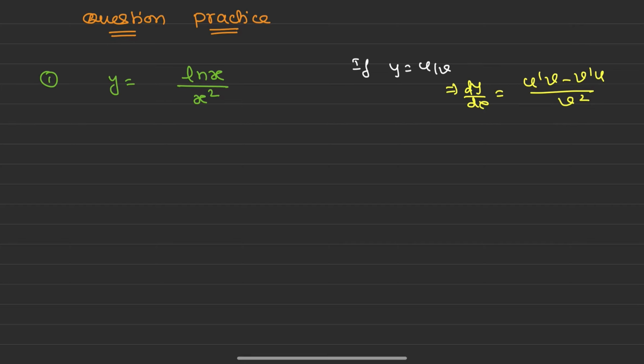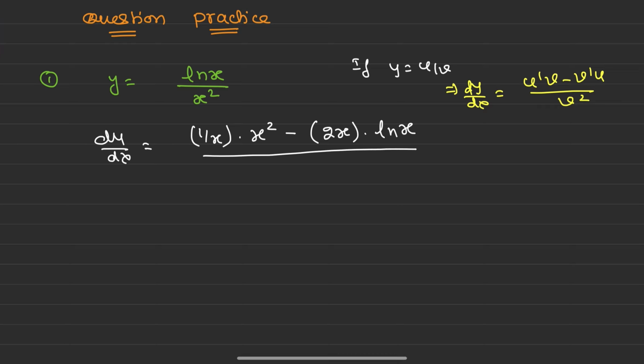Okay, so let's write down the answer. dy by dx value will become what? Derivative of log x will become 1 by x into second function as it is, minus derivative of second function, which means derivative of x square will become 2x, first function as it is, divided by v square. Second function is x square, so v square will become x power 4.